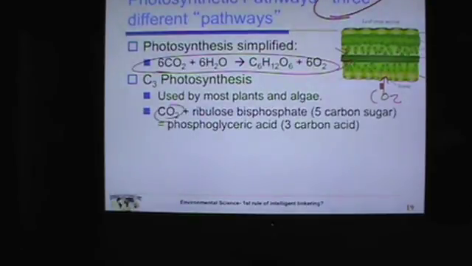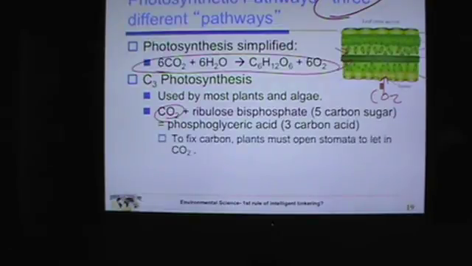It takes carbon dioxide out of the atmosphere, plus something that's already made, this 5-carbon sugar called ribulose bisphosphate, don't worry much about that, and makes a 3-carbon acid, actually 2 3-carbon acids, phosphoglyceric acid. Do the math, those come up to be a 6-carbon sugar in the end.